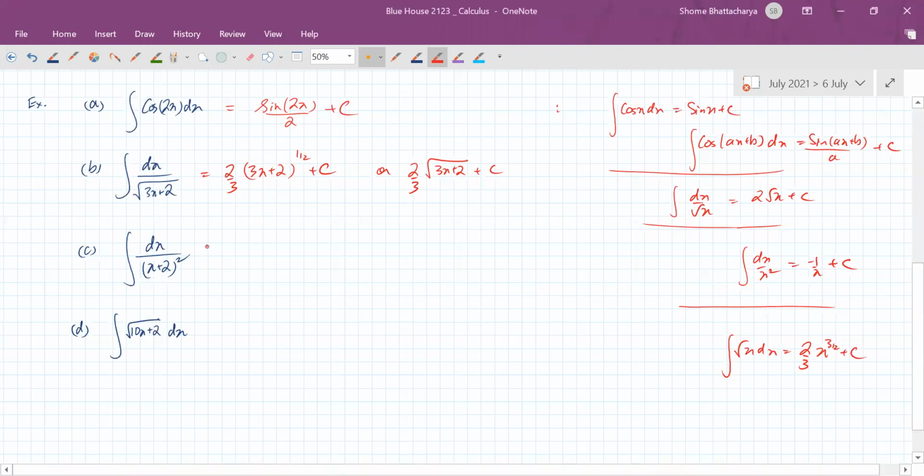So this one will become minus 1 upon x plus 2 plus c. And this one will become 2 upon 30 or 1 by 15.